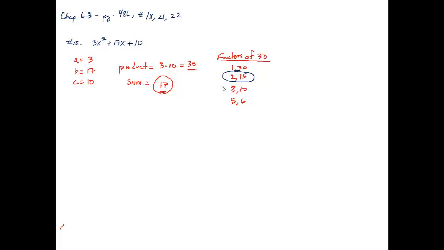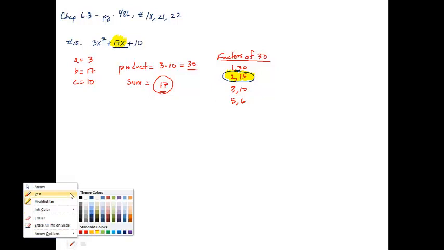So this is just like before, except now this is where it gets different. Once you pick out those factors, you must replace the middle term with those factors. So do not forget the x's on there.